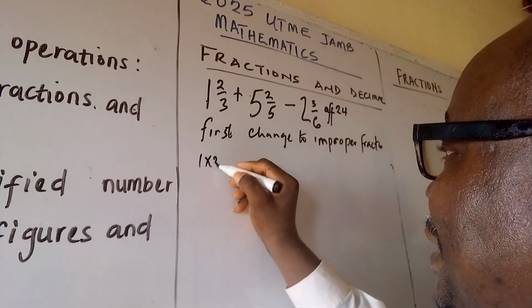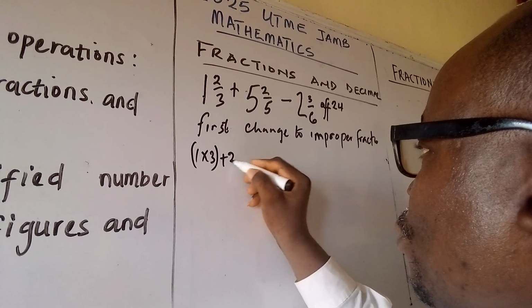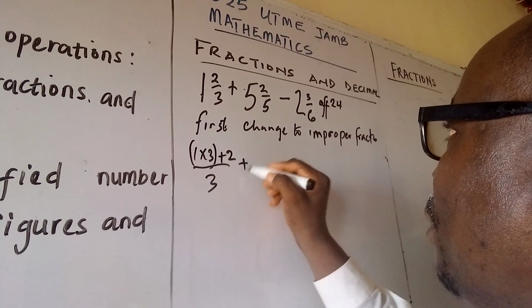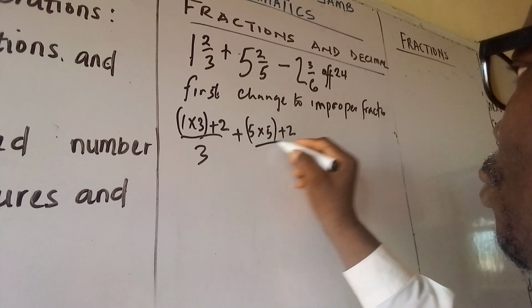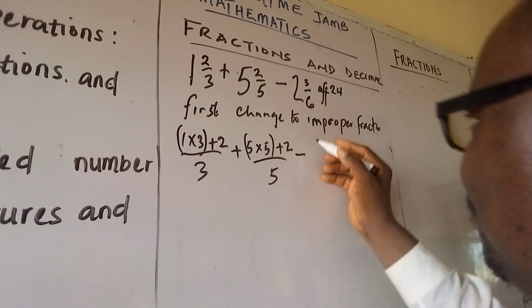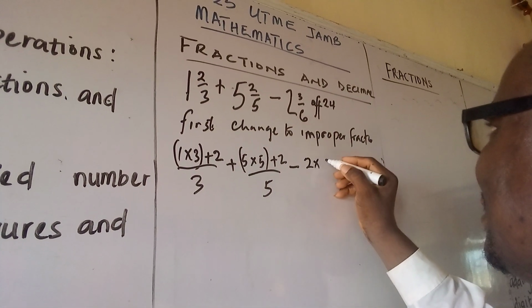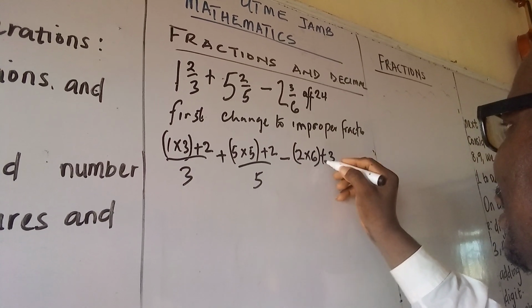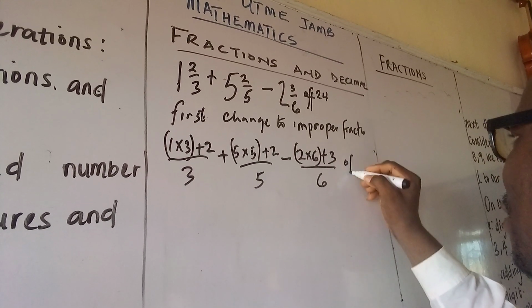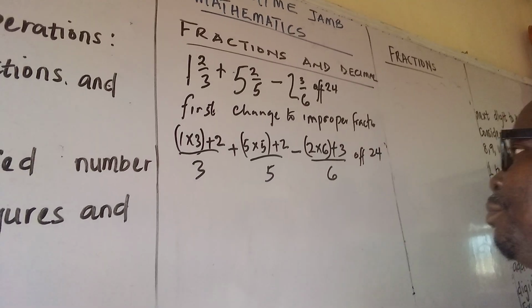So 1 times 3 plus 2 over 3 plus 5 times 5 plus 2 over 5 minus 2 times 6 plus 3 over 6 of 24.